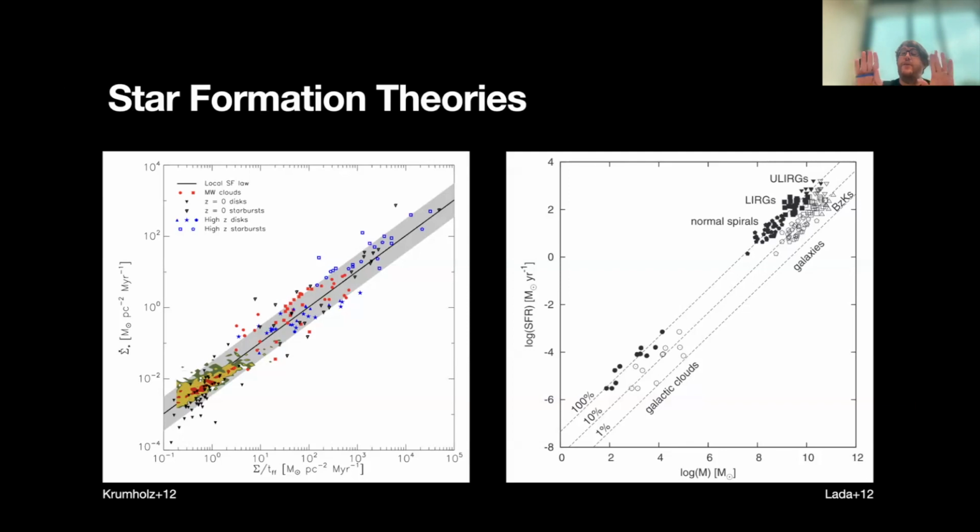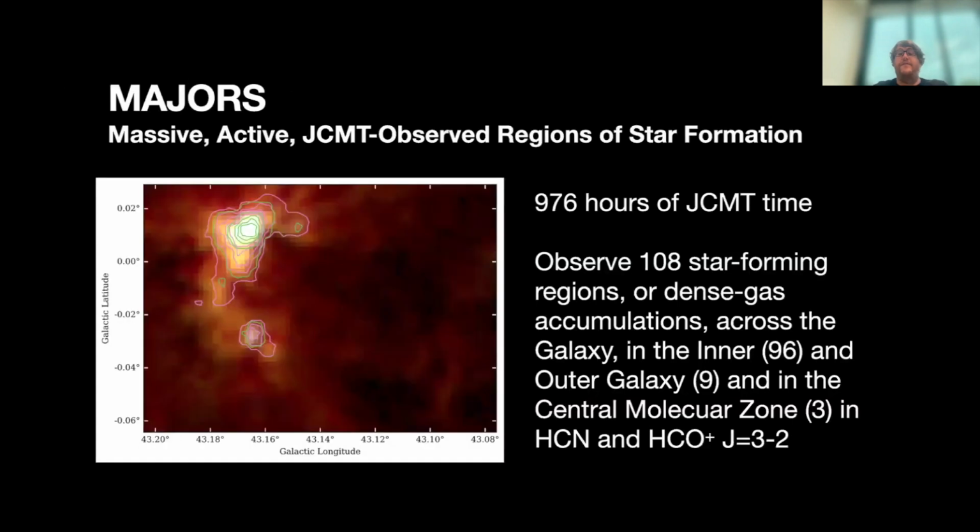So we kind of want to work out which one of these two theories is the correct one, and which is regulating star formation rate and efficiency, or if it differs in environment. And one way to do this is to take the other half of my brilliant plan of getting two JCMT large programs, which is to observe a large sample of star-forming regions or dense gas accumulations in the central molecular zone and aren't necessarily forming stars across the galactic plane, so in the inner galaxy, outer galaxy, in the central molecular zone.